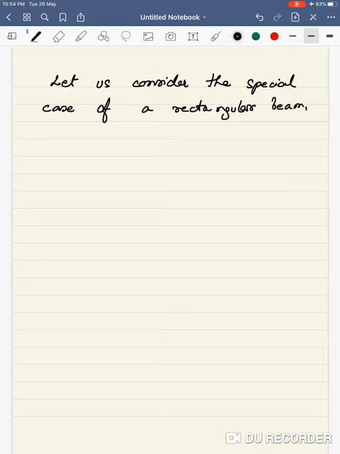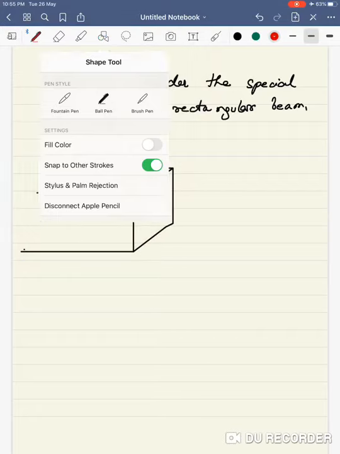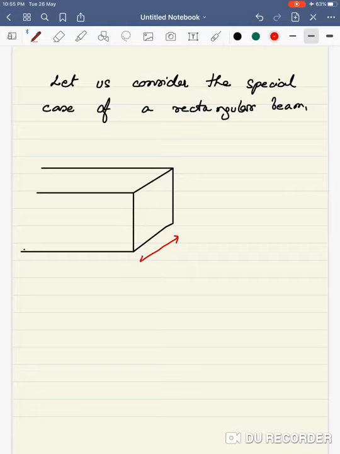So let us say we have a beam which is such that this distance is b, this distance is h, so my centroid is at b by 2, h by 2.